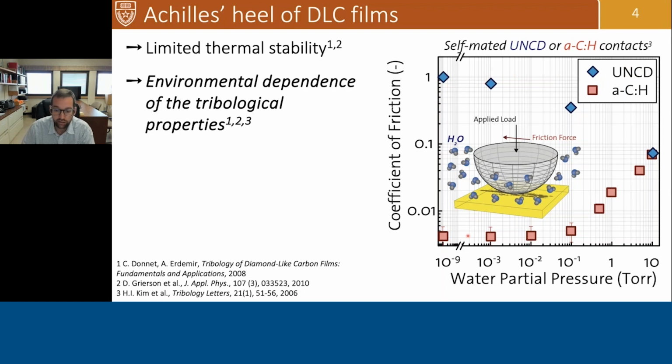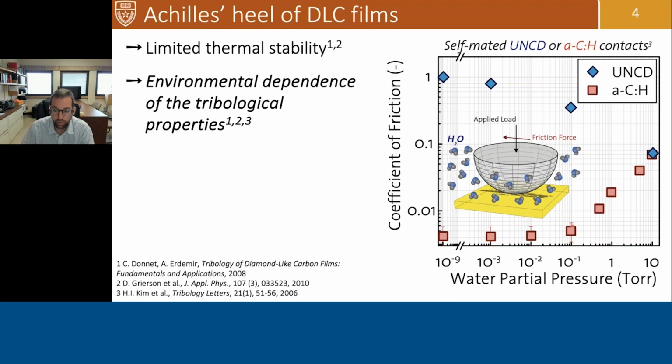Here you see that the coefficient of friction, which is the ratio between the friction force and the applied normal load, is very low in inert or low relative humidity environments for hydrogenated amorphous carbon, and progressively increases as you increase the water partial pressure. The opposite is true for hydrogen-free UNCD or amorphous carbon.